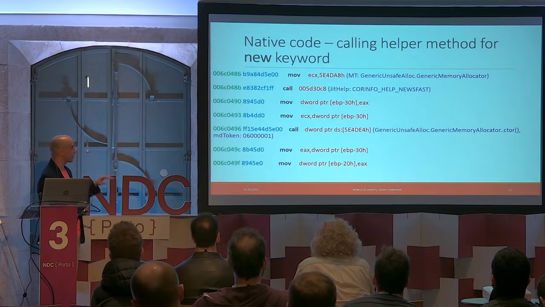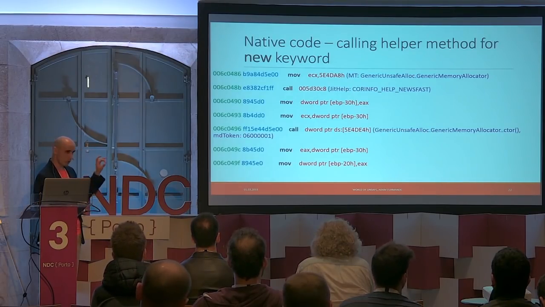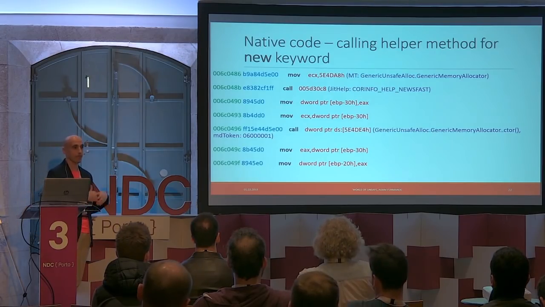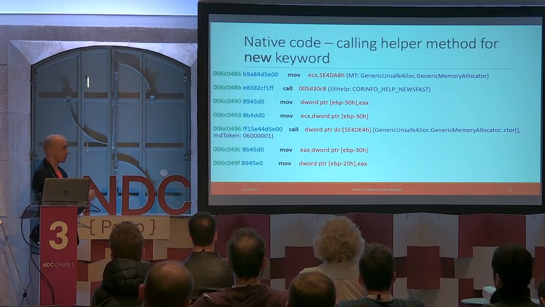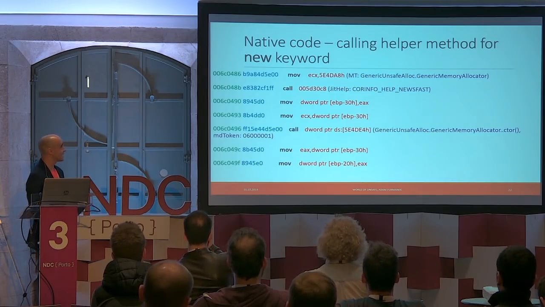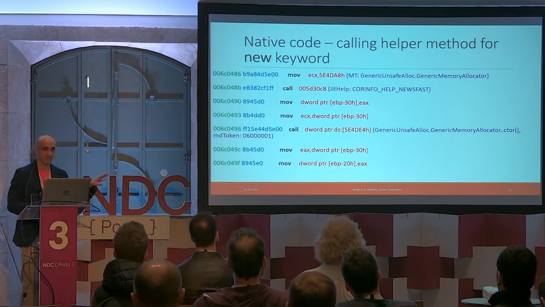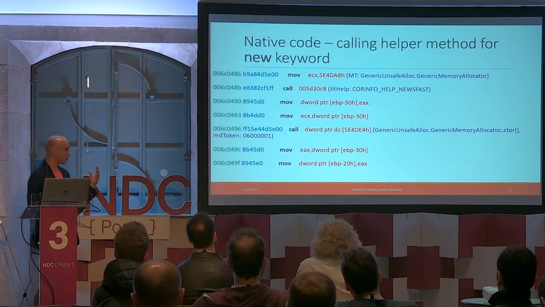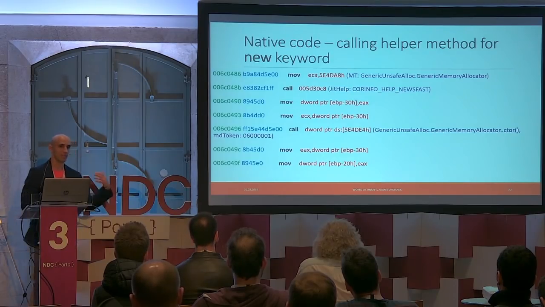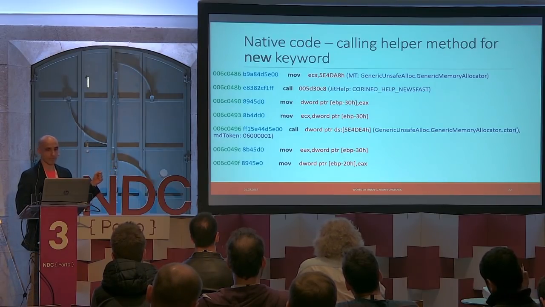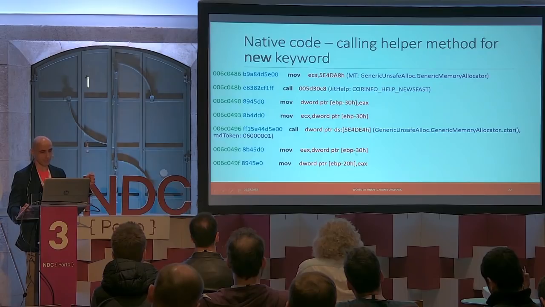First, we move into the ECX register the type of the object we would like to allocate. This is the constructor mentioned by the documentation. Then we call the .NET helper code, the JIT_NewFast helper. The output is returned to us in the EAX register, we store it somewhere, and then we call the constructor of this object. Calling the constructor is this part. Allocating is the first two lines.